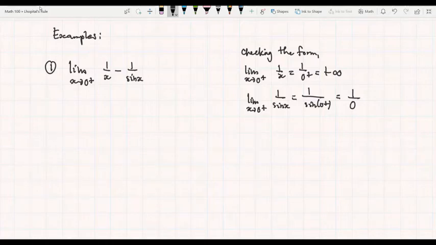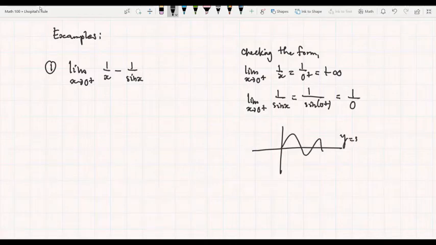So, to identify, let us recall the graph of y equals sine x. So, this is y equals sine x. Here, as x goes from the right of 0, the graph of y equals sine x goes from positive values. So sine of 0 plus is actually 0 plus. So we have 1 over 0 plus or positive infinity.